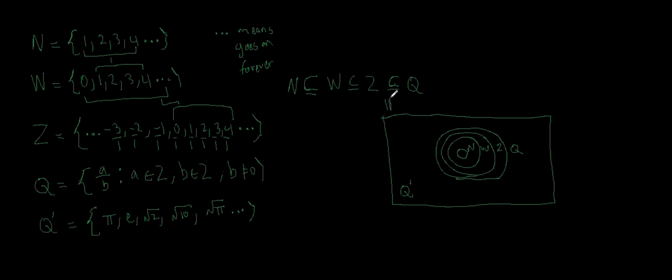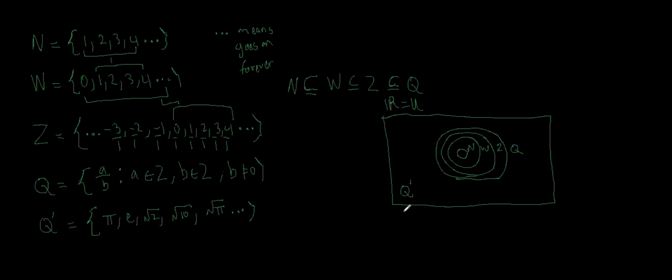And all these different types of numbers together, the universal set, or the set that contains all these sets, is called the real numbers. So the real numbers are all these different types of numbers: the natural numbers, the whole numbers, the integers, the rationals, the irrationals.